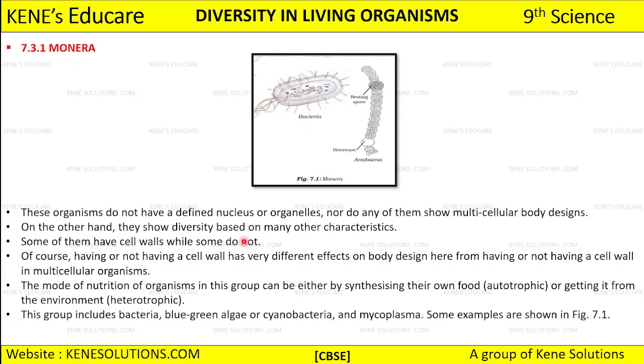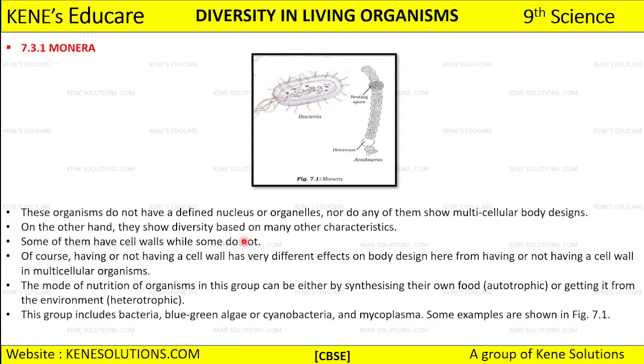What did I just say? Organisms in kingdom Monera will either synthesize their own food, like plants, because plants are the only ones who synthesize their own food, and we call them autotrophic. Or they get it from the environment, that is they are heterotrophic like animals. They get their food by eating other animals or by eating the plants itself, so they can be heterotrophic as well, right?